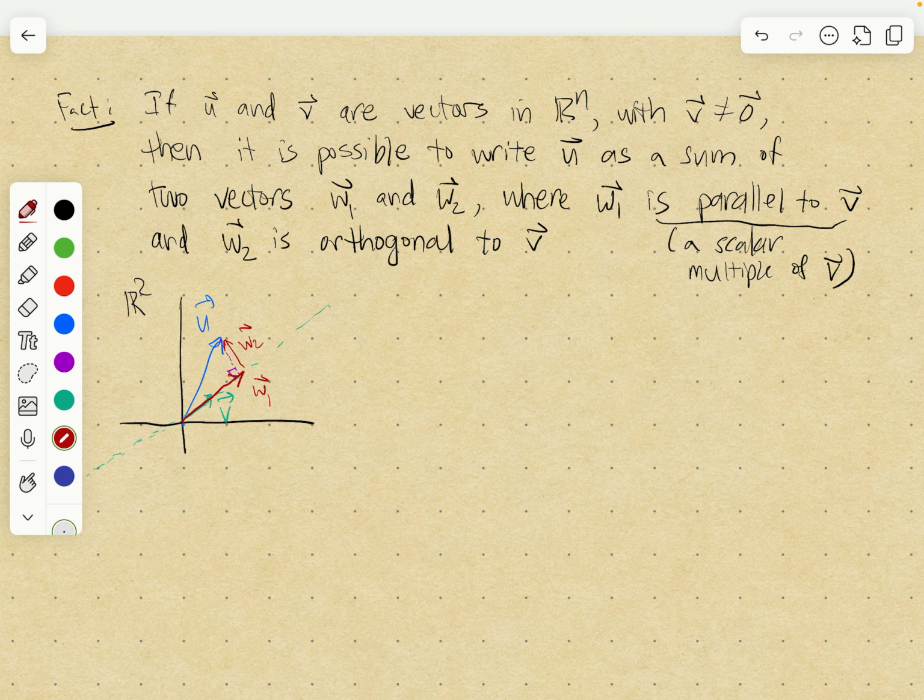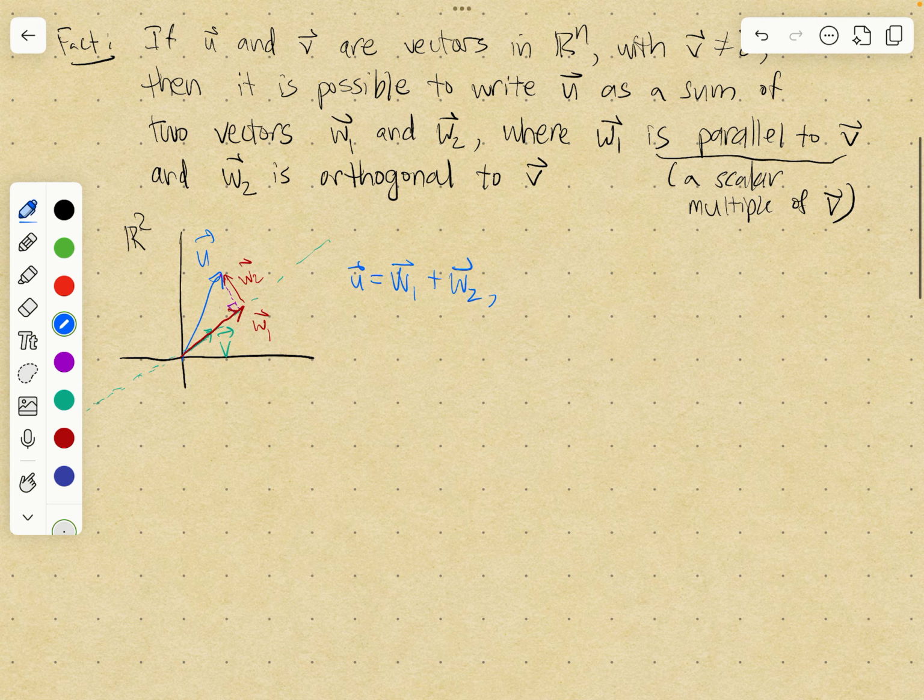So in this picture, we've expressed u as w1 plus w2, with w1 parallel to v and w2 orthogonal to v.